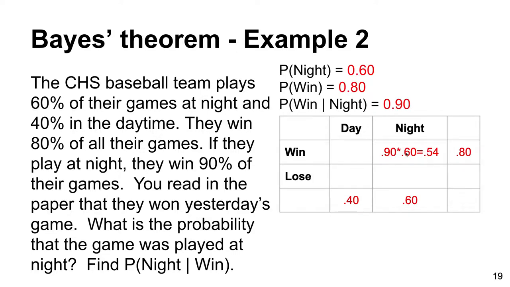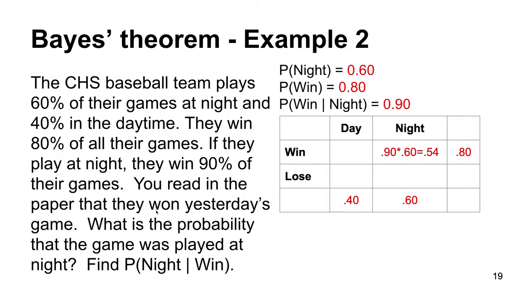So if I know this number right here, then I can calculate the probability that the game was during the day and they won. I can calculate the probability the game was during the night and they lost. I can calculate the probability that the game was during the day and they lost. I can fill in every one of these blanks. And if I fill in every one of these blanks, there's not a question I can't answer with that.